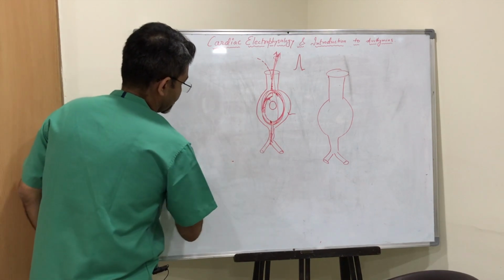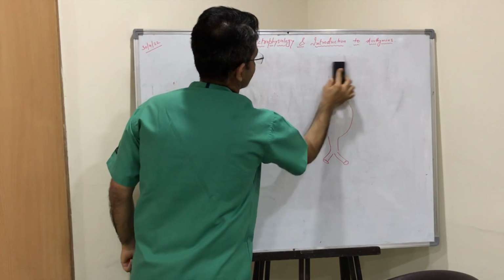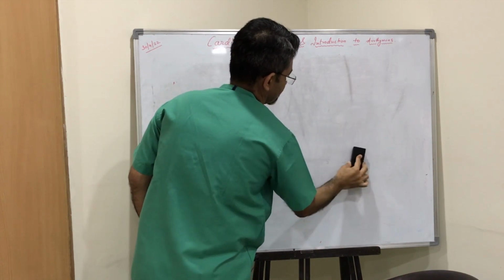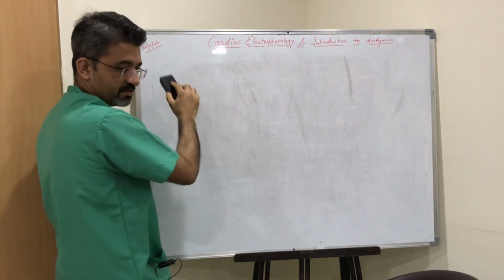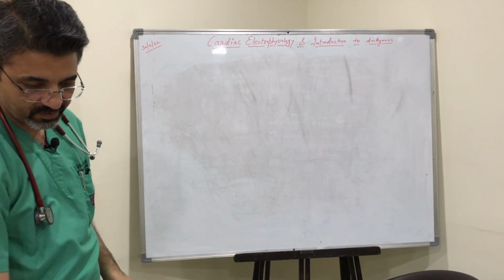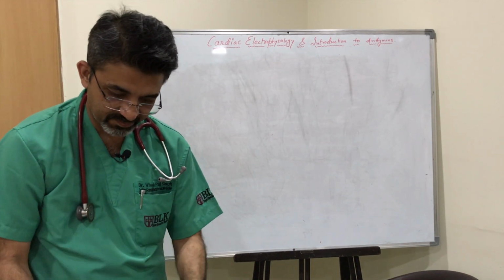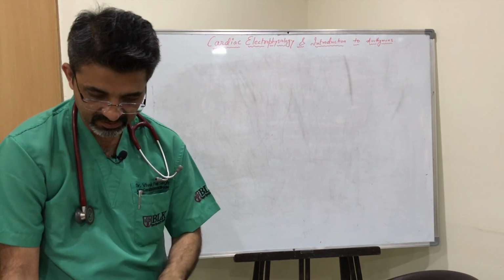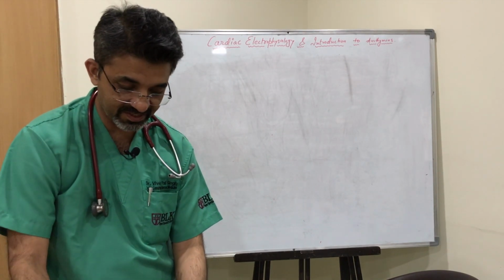So we'll stop here. We will not go into the depth of arrhythmias. In this class, the objective was just to understand the basic electrophysiology of the heart, the classification of arrhythmias, and the basic mechanisms by which arrhythmias originate, bradyarrhythmias and tachyarrhythmias.